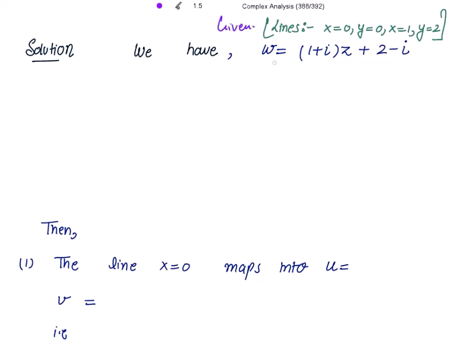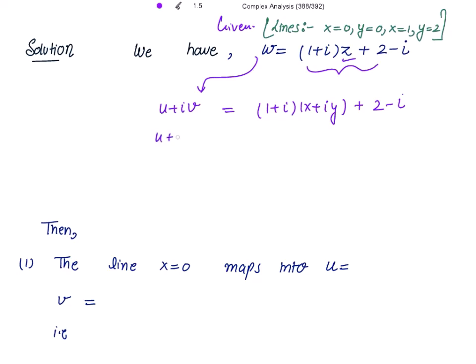And the transformation w equal to this right hand side is given to us, and we know that this w can be written as u + iv equal to (1 + i) times z, which can be written as x + iy, plus 2 - i. We need to separate the real and imaginary parts.